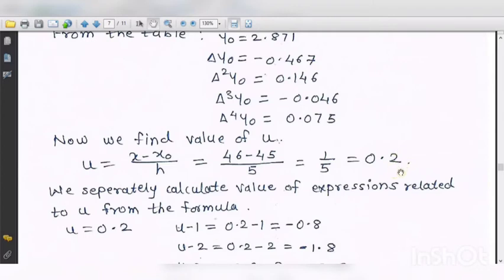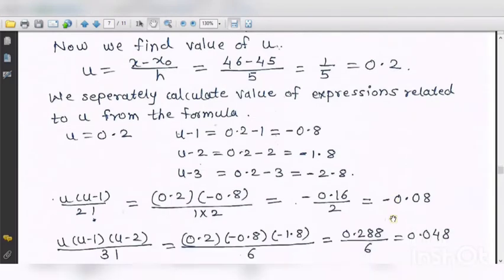Now find the values of related expressions of u separately, so that there will not be any mistake. So here u equals 0.2. First I will obtain all these values. There are a number of ways; as you feel comfortable, you can calculate the value. So here I have calculated first u minus 1, u minus 2, u minus 3.